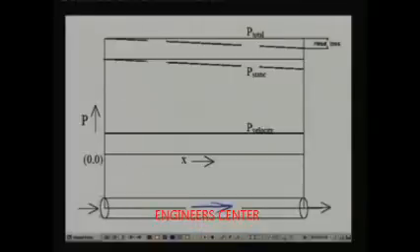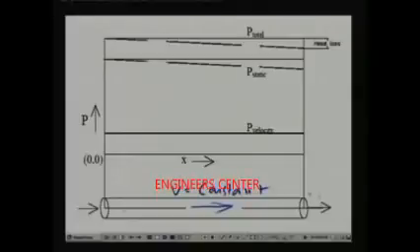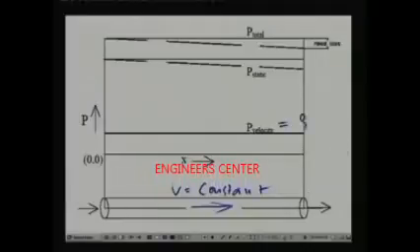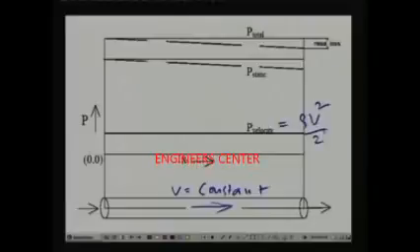Since the cross section area is same here, that means area at any point is same. So if you apply continuity equation, at any point v is constant. So velocity does not change along the length. Since velocity pressure is equal to rho v square by 2 and rho is constant here, the velocity pressure also will remain constant because v is constant.